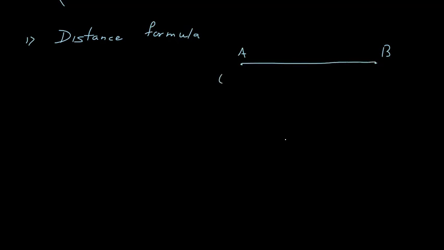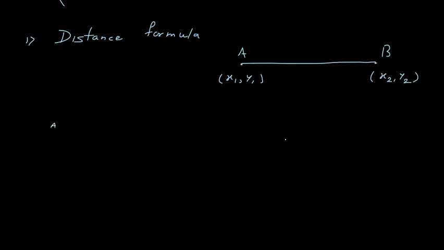So the first formula we have discussed is the distance formula. Already based on this formula we have solved many problems. Say here we have point A and here we have point B. So the distance between this AB can be given by the distance formula. Here the coordinate of point A is x1, y1, and the coordinate of point B is x2, y2.